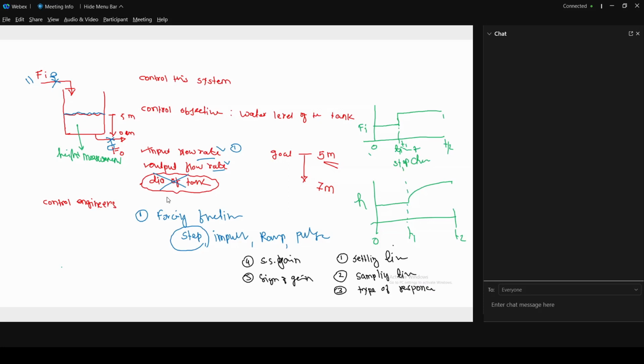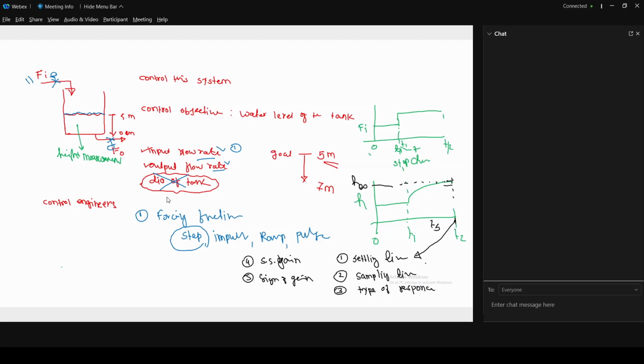Settling time means if this is my ultimate response, let's say h infinity, then this green line should come within plus or minus 5% and stay there. That time is called the settling time.